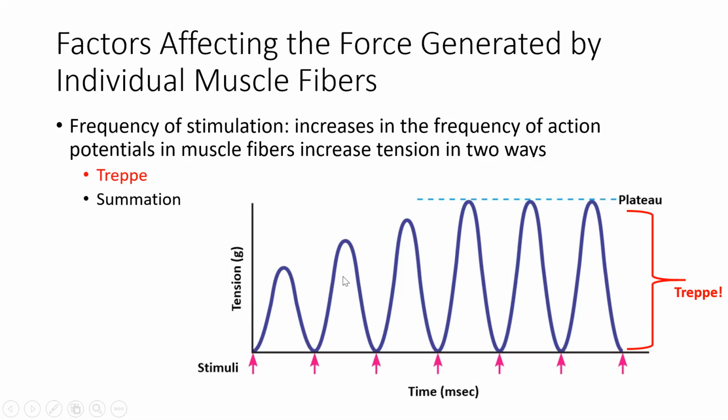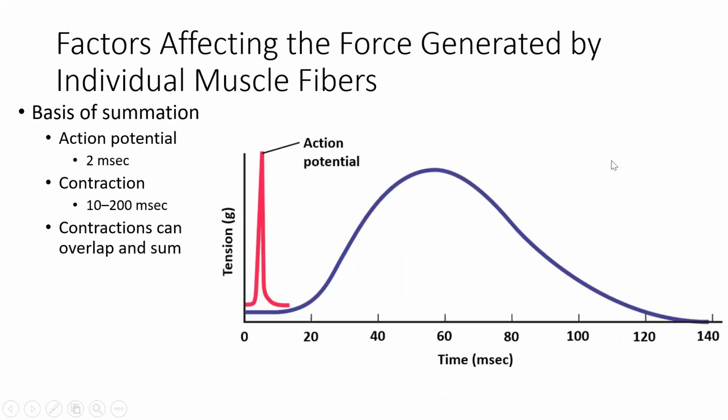So in between each of these contractions, the muscle fully relaxes, and then for some reason, when it's stimulated again, the amount of force generation goes up. So that's treppe, which is one mechanism of increasing the frequency of stimulation.